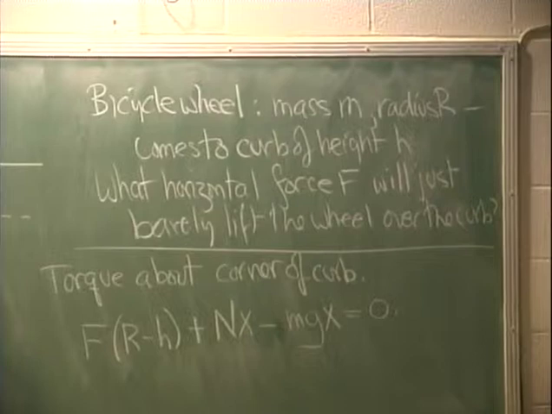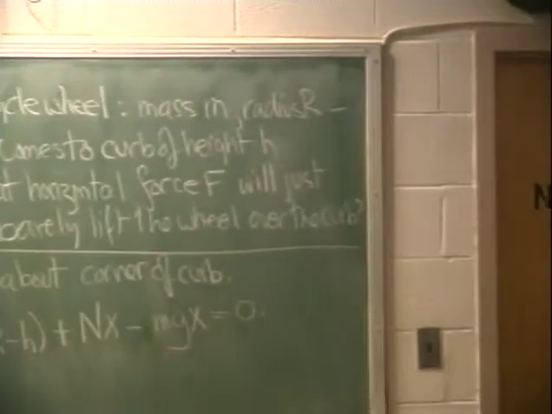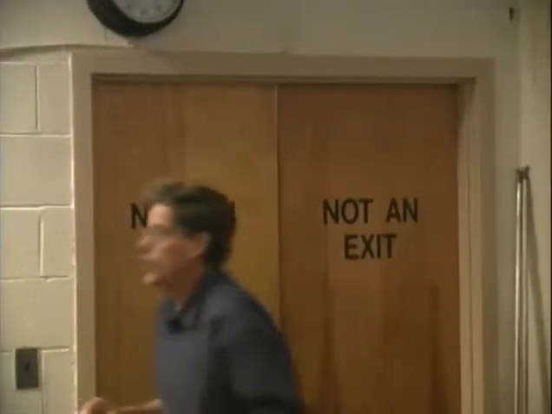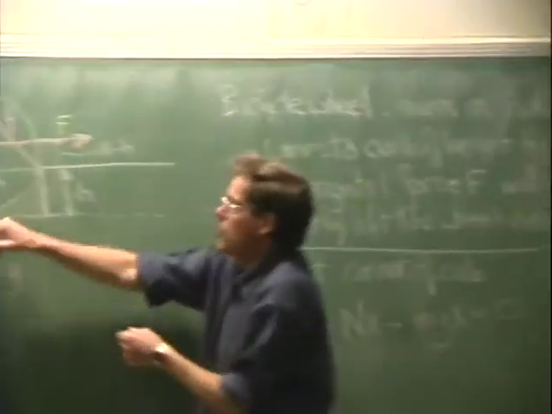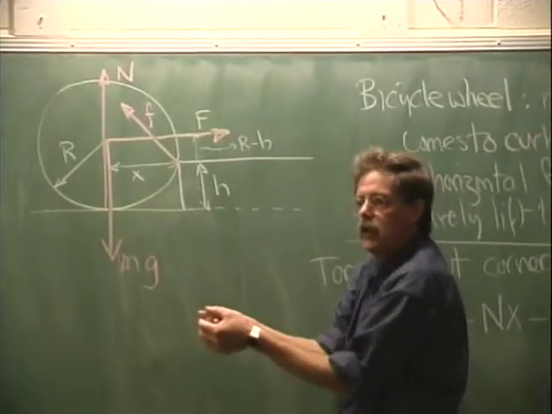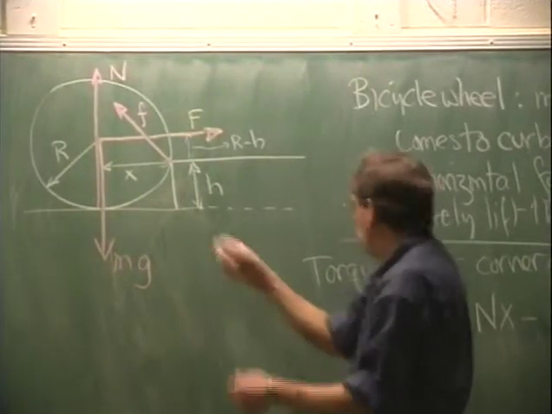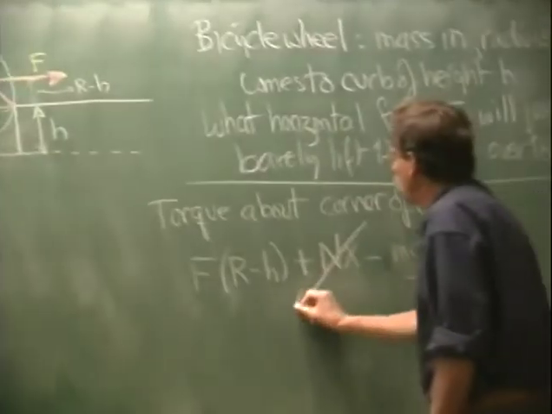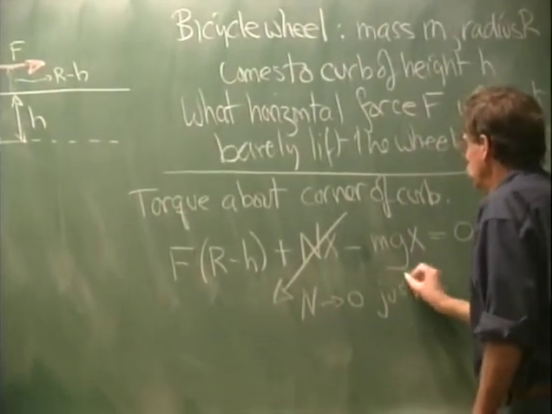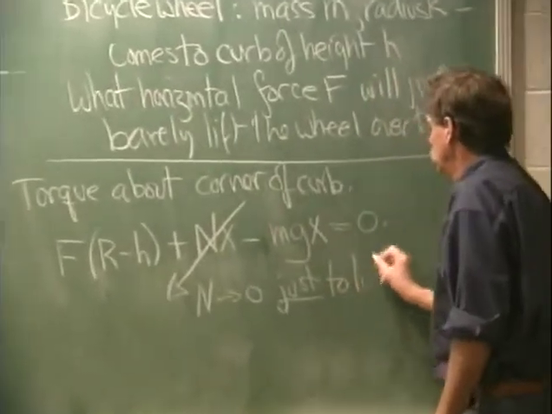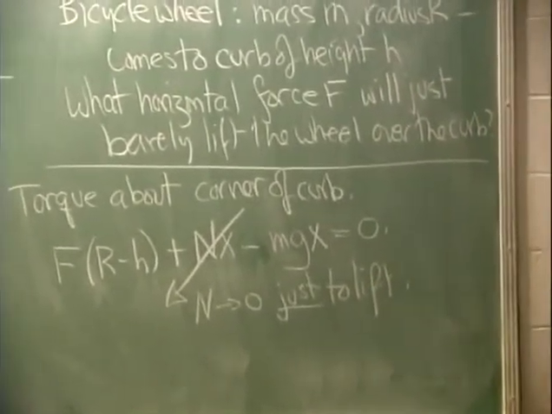Now, what's the condition that this thing just barely is lifting off the ground? Normal force goes to 0, right? I want a condition where I'm pulling it and pulling it and pulling it. The harder I pull, the less the normal force gets to be, until finally it's just barely lifting off the ground. I want N goes to 0, just to lift the wheel.